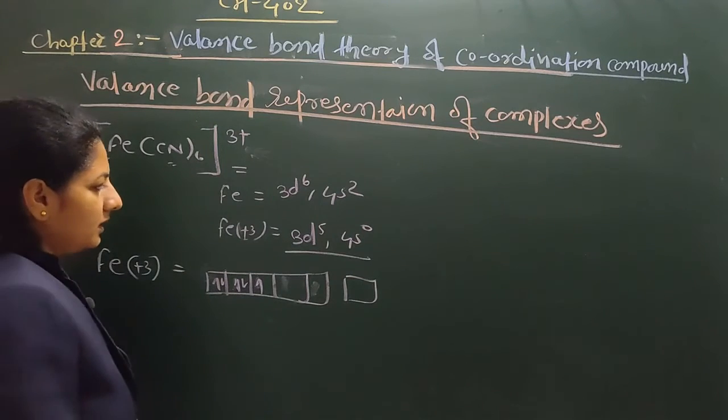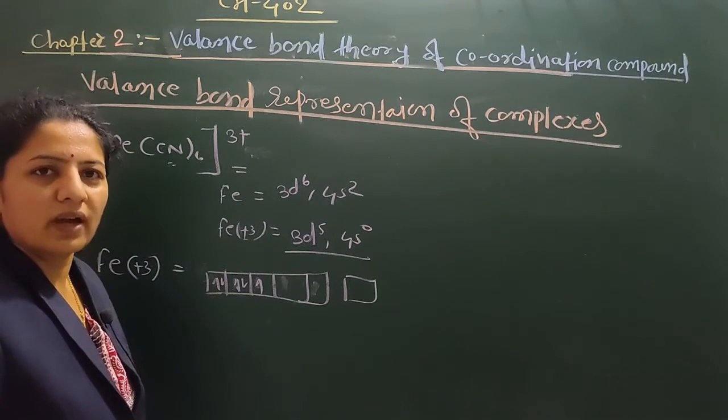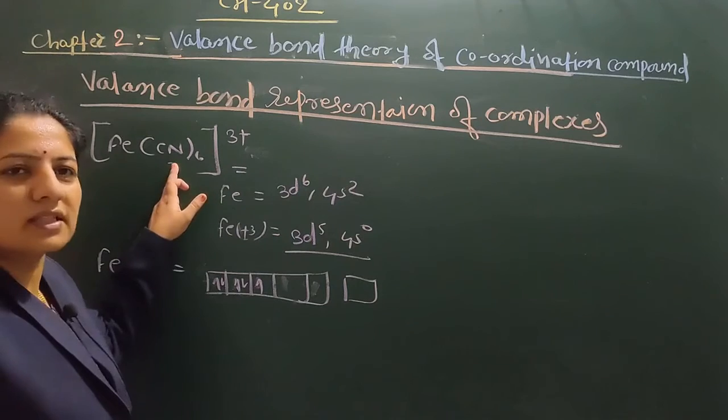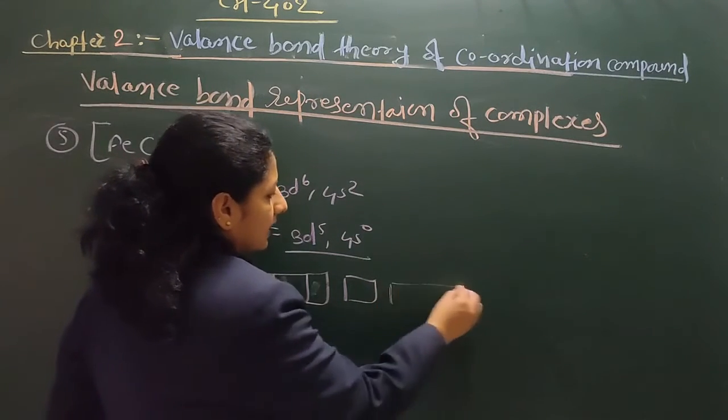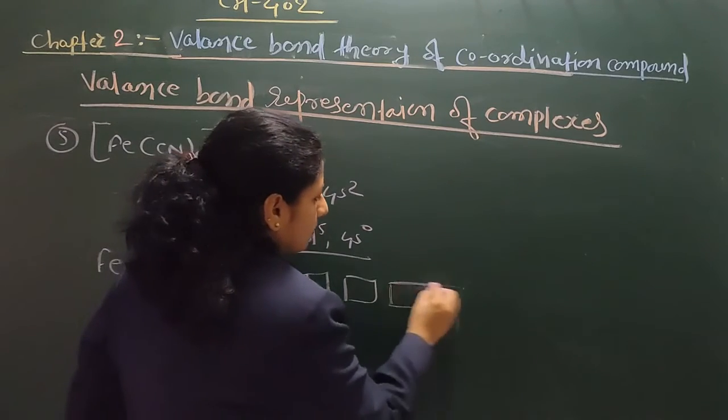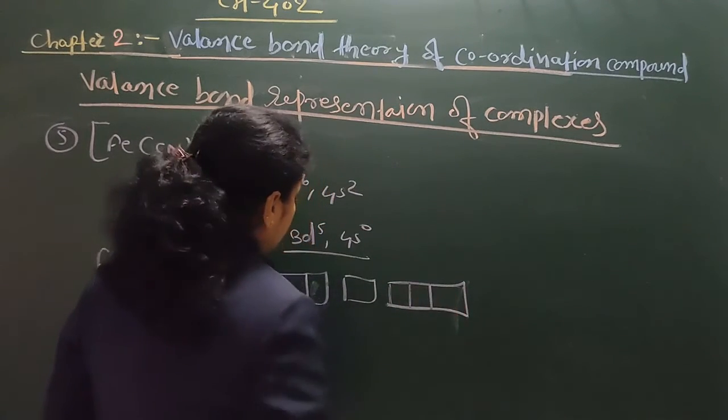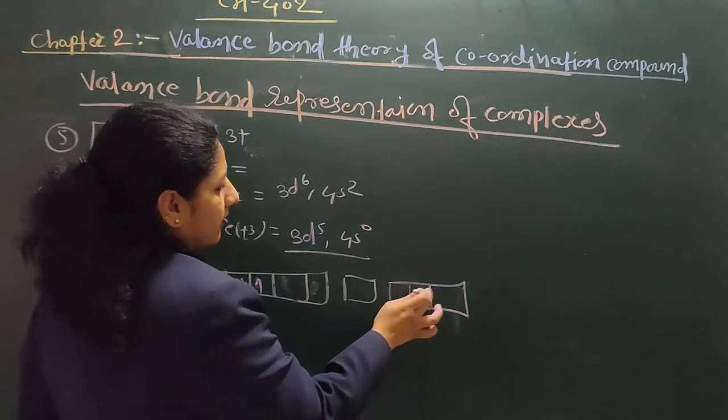Then how many vacant orbitals are required for accommodating the 6 cyanide ions? Six orbitals are required: 1, 2, 3, 4, 5, 6.